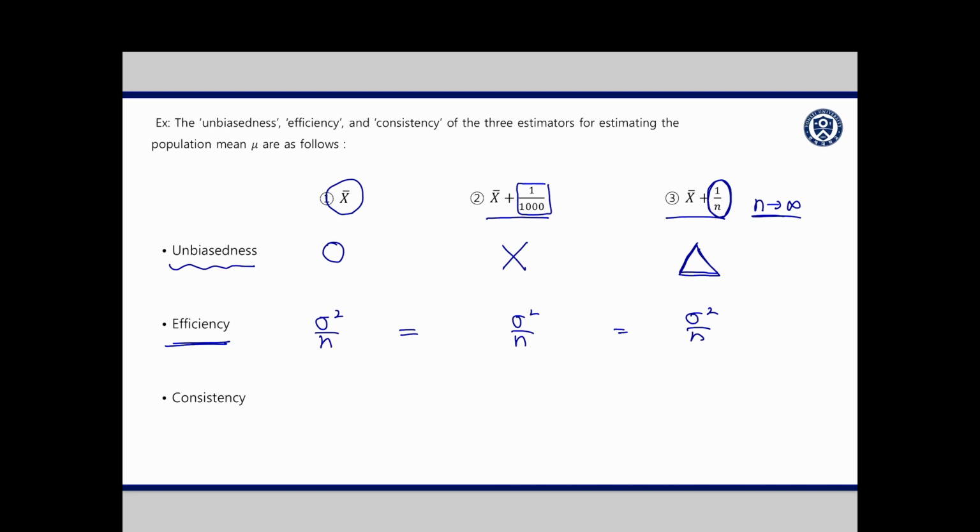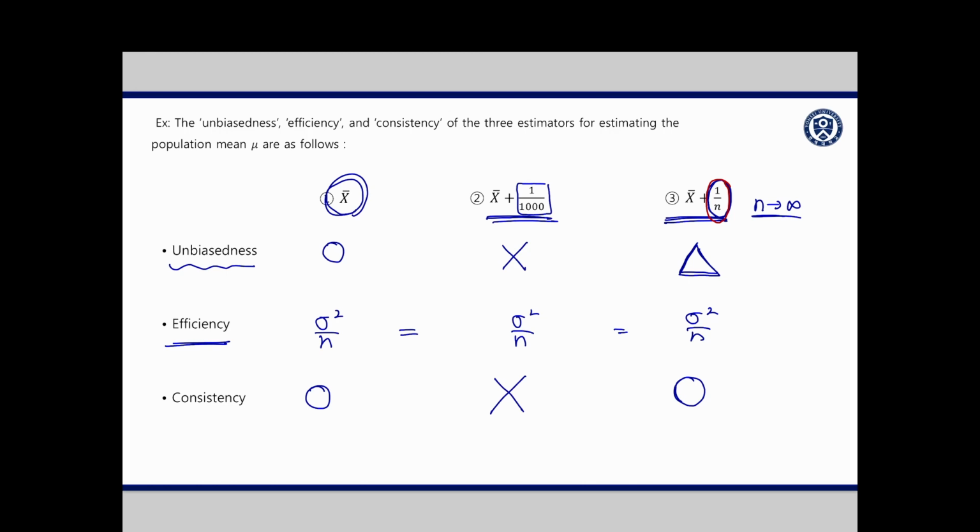As you know, x bar is a consistent estimator, the second estimator does not satisfy consistency, and the third estimator is consistent, because 1 over n converges to 0 when the sample size goes to infinity.